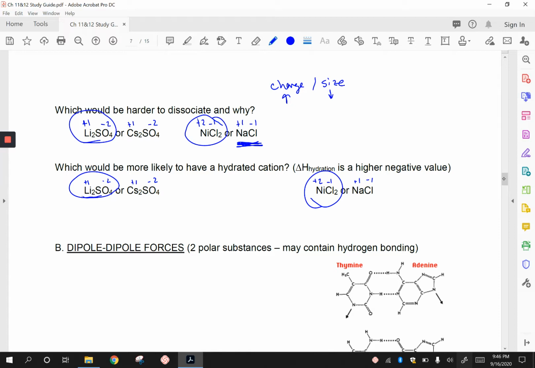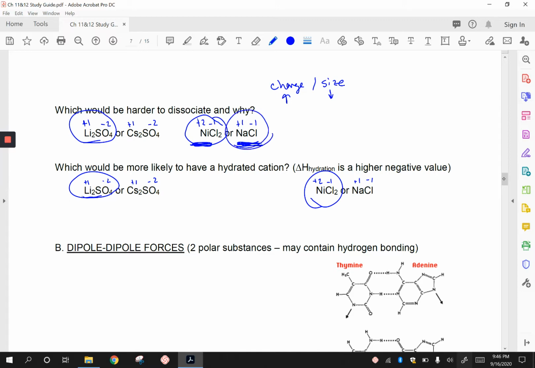So if we're saying this one's winning, then you say, oh, well, that's because it's easier to dissociate. If we say this one is more soluble in water, then you say, oh, because it's easier to hydrate. So the hydration and the dissociation kind of go opposite. And so if they tell you that one thing is more soluble than the other, then you got to pick the reason why it would make it win, right?